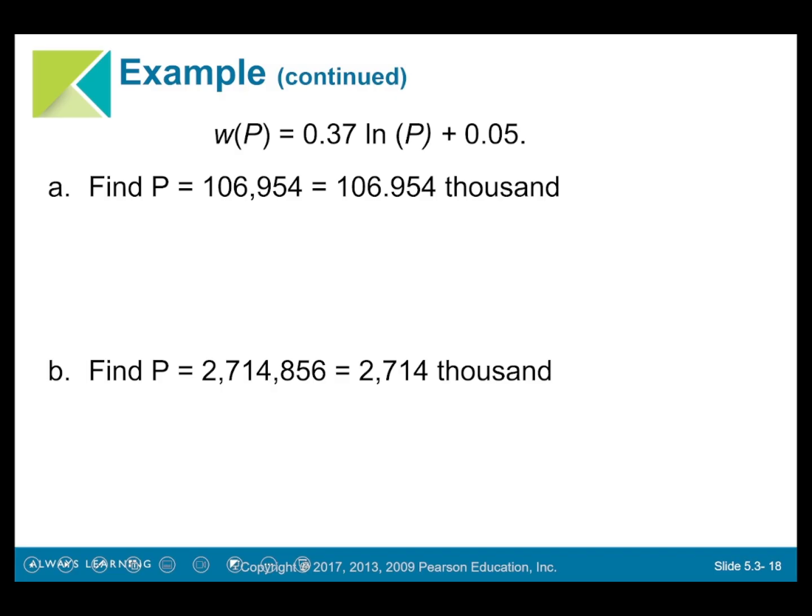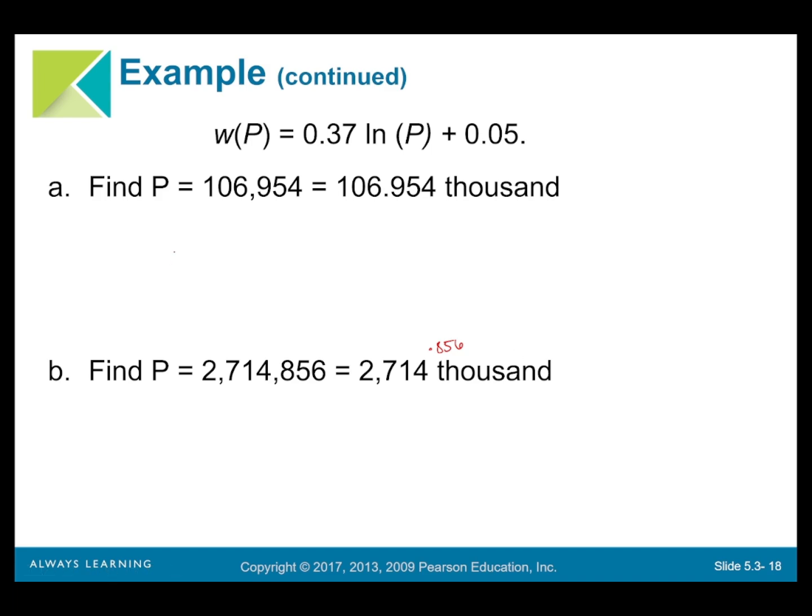I want to plug in 106.954. Similarly, for part B, we're not going to plug in 2.7 million. We'll plug in 2,714. Technically, this would be 0.856 as well. So let's go to our calculator and see what these values are.